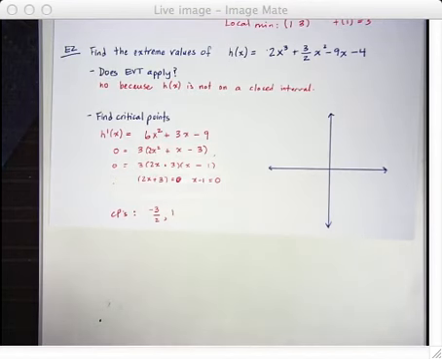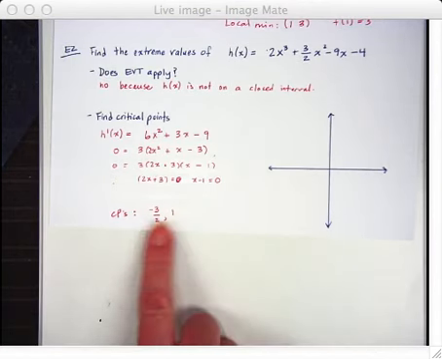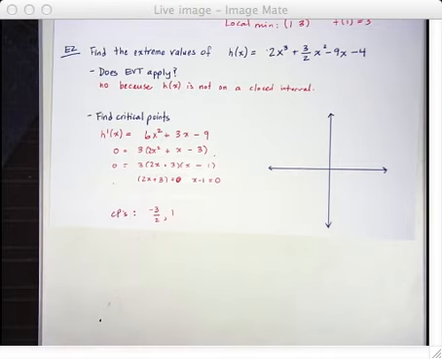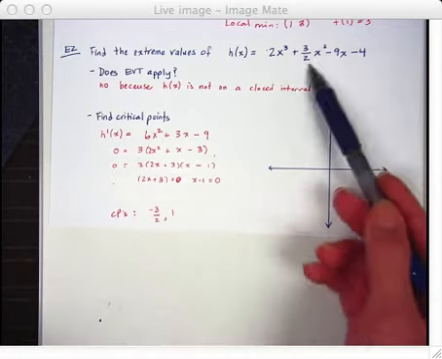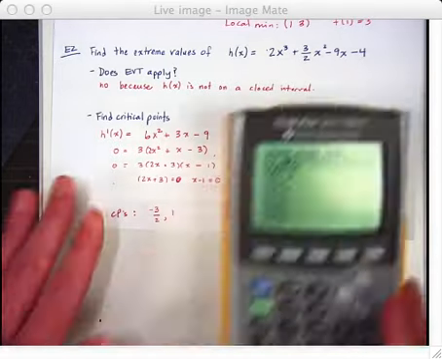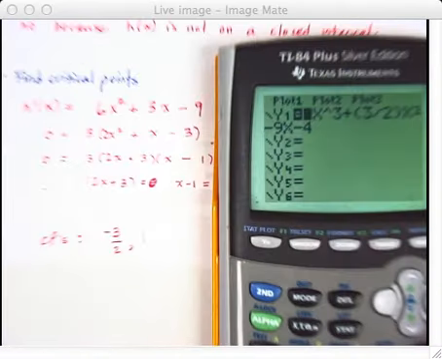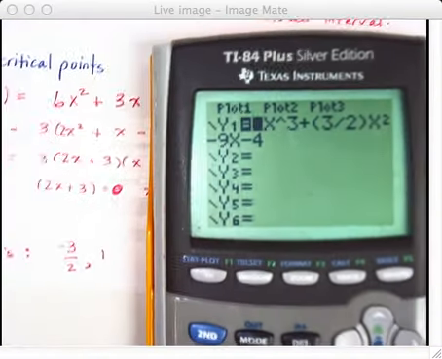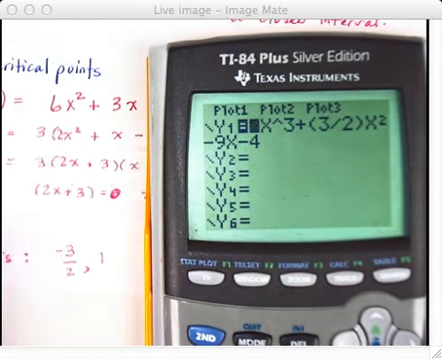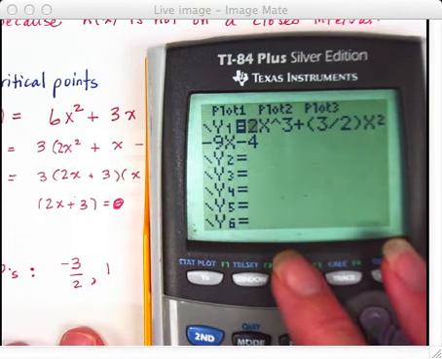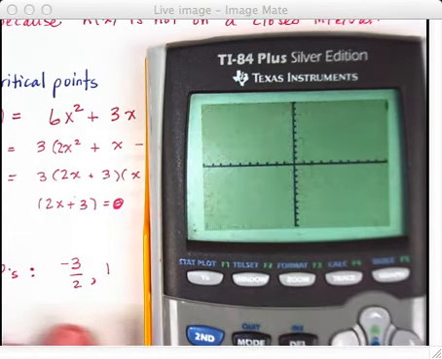All right, so now I actually have to determine which of these inputs make a maximum or a minimum. So I put the function in my calculator, and then let's just see what happens when I hit zoom 6.